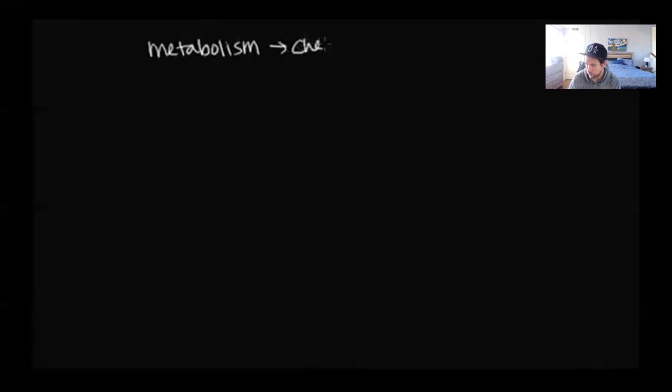Textbooks define metabolism, a topic in biochemistry, as a series of chemical reactions that take place inside of our bodies to sustain life. Now, this is a pretty broad definition of metabolism. So in this video, I really want to break this definition down to a more workable understanding of what metabolism really is.